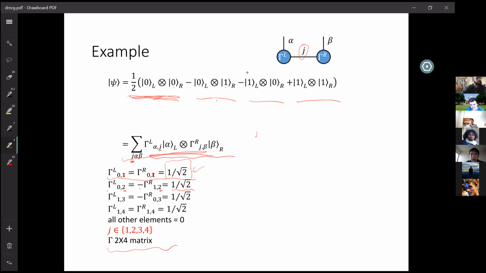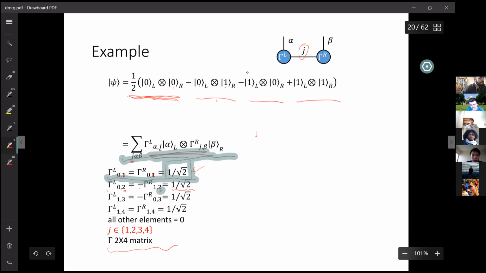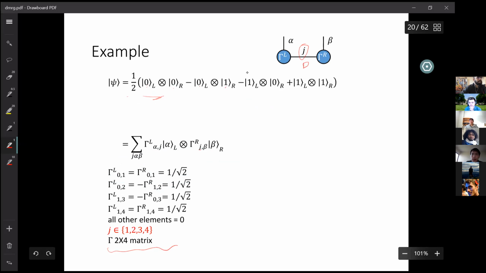I can do this for all four terms, and in the end, I end up with a matrix product state which has an internal bond dimension D prime equals 4. So we have J equals 1, 2, 3, 4. So the gamma is a 2x4 matrix, basically.